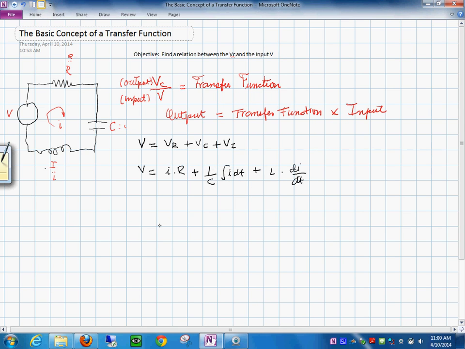I think this form is not very nice because it mixes integrals and derivatives.